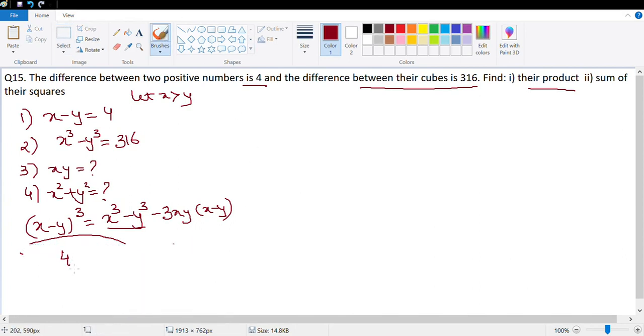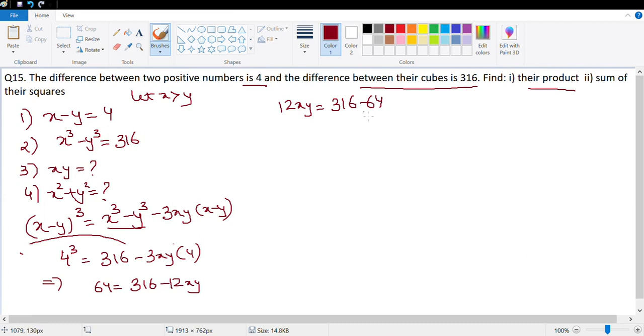So this is 4 cube is equal to 316 minus 3xy multiplied with 4, which means 4 cube, that's 64, is equal to 316 minus 12xy. Let's bring 12xy on this side. So that's 12xy is equal to 316 minus 64.